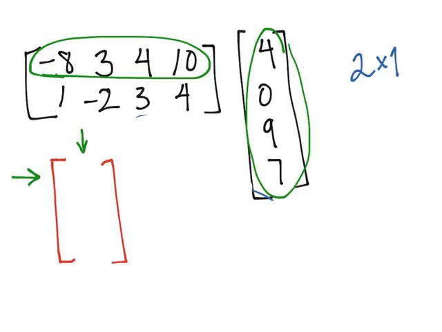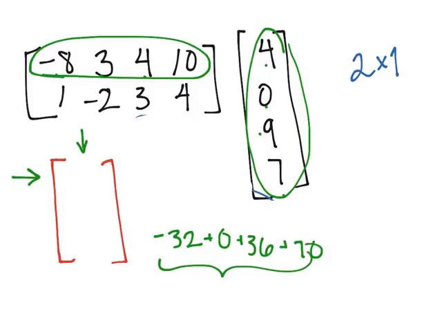So we have -8 times 4, that's -32. 3 times 0 is equal to 0, so we will add that. 4 times 9 is equal to 36, and then 10 times 7 is equal to 70. If we add all of this, we get 74, and so this goes right here.